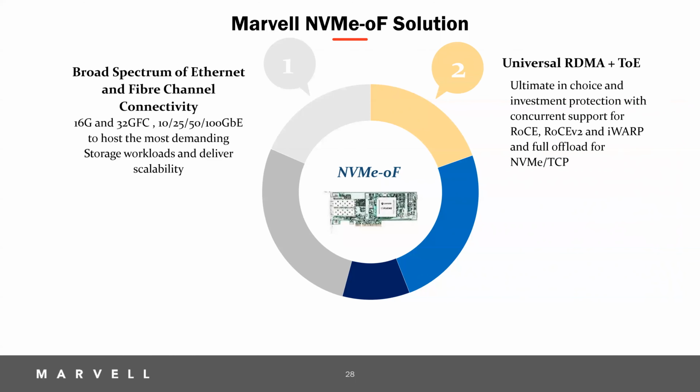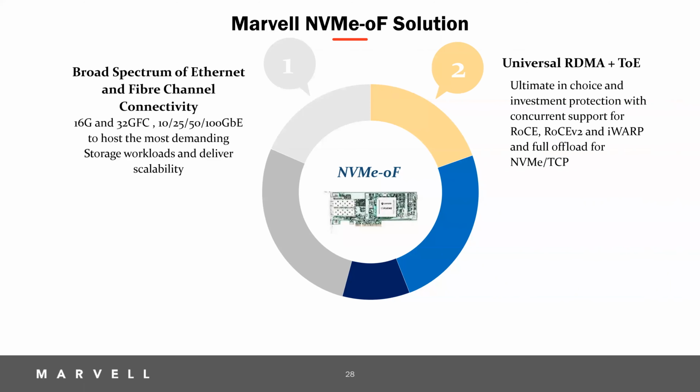Not just that, when you double click on the Ethernet piece, Marvell Ethernet NICs, which are branded under the FastLink umbrella, support RDMA, and not just a single type of RDMA, but support the universal RDMA, which is basically all the three types of RDMA that you can use concurrently, which is Rocky, the routable Rocky V2, as well as iWarp.